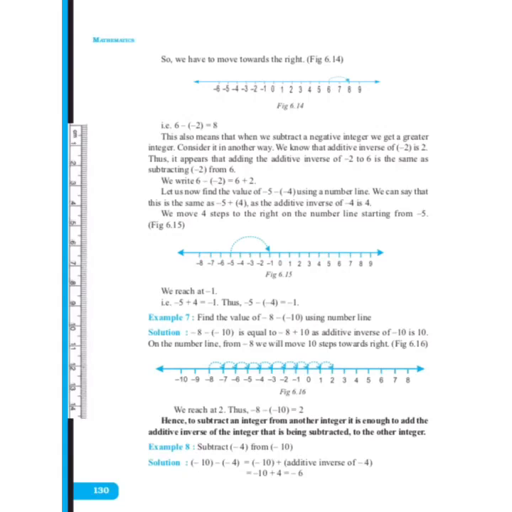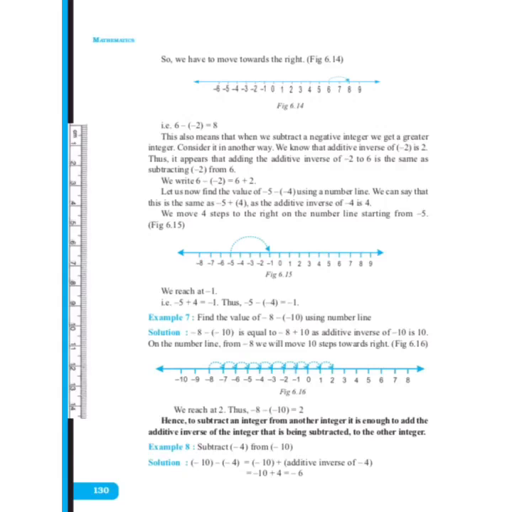So here children, we will start from minus 8 and we will move towards right. 10 steps right of minus 8 and we will reach plus 2. Okay. Now hence to subtract an integer from another integer, it is enough to add the additive inverse of the integer that is being subtracted to the other integer.